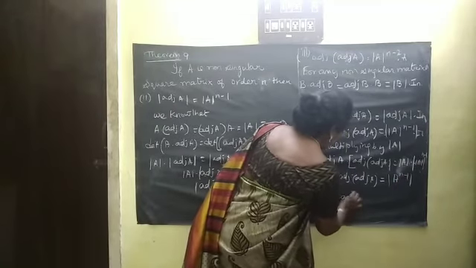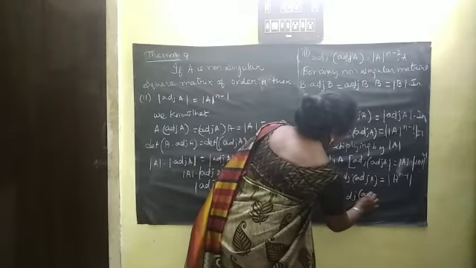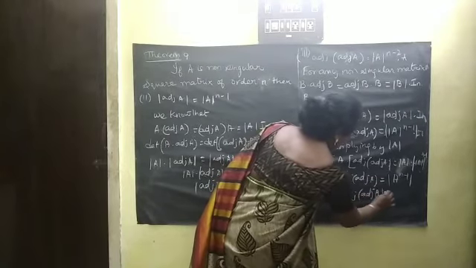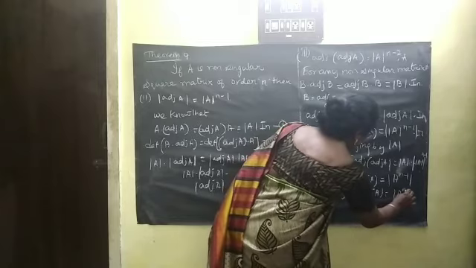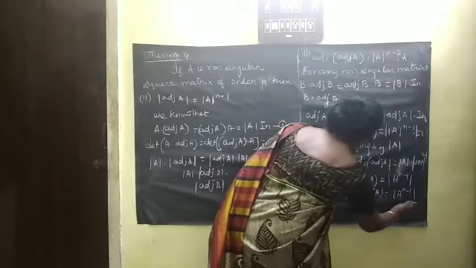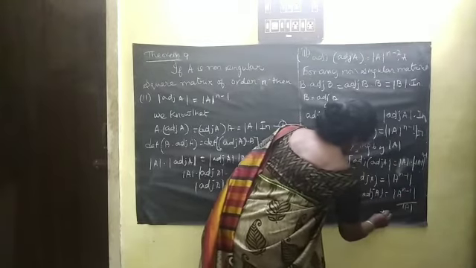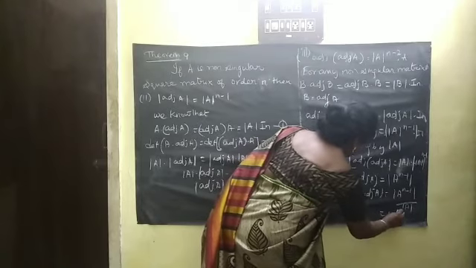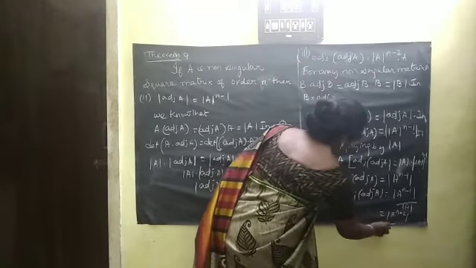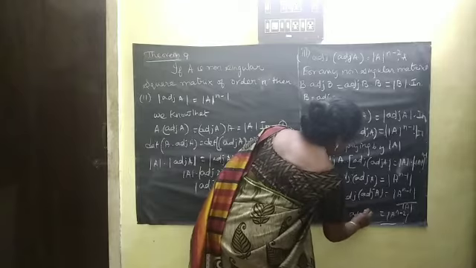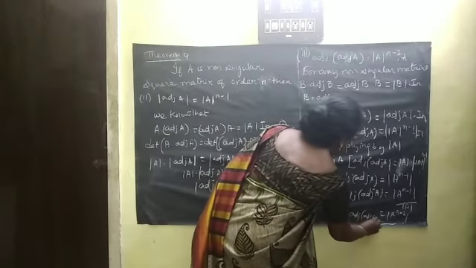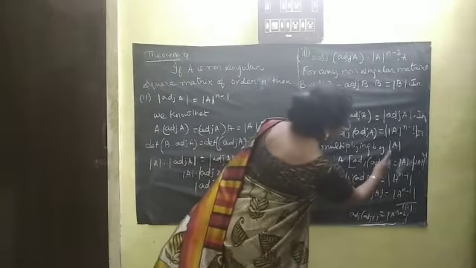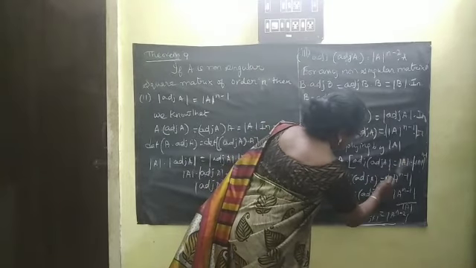Therefore, adjugate of adjugate A is equal to determinant A power n minus 1 divided by determinant A. This is equal to determinant A power n minus 2 into A, pre-multiplying by A here.